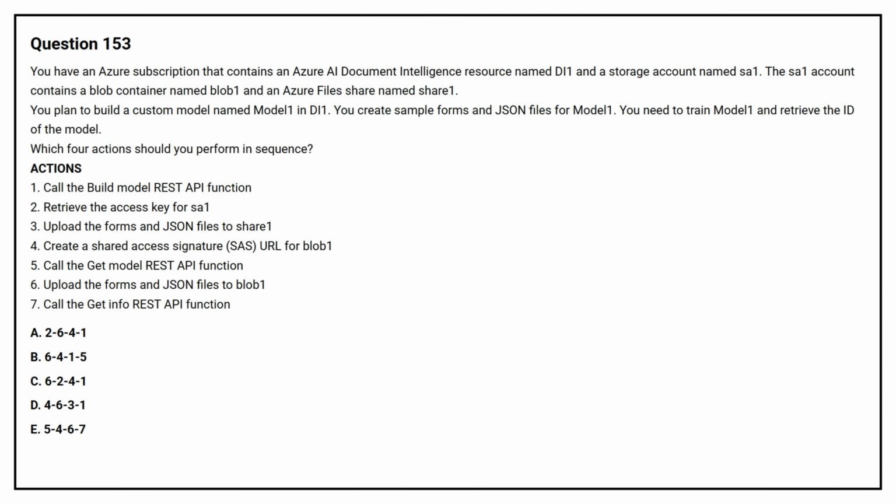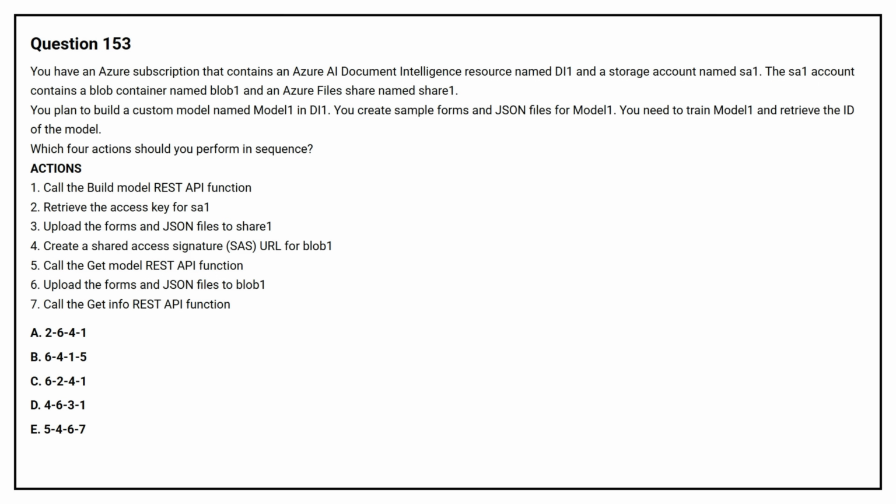Which 4 actions should you perform in sequence? 1. Call the build model REST API function. 2. Retrieve the access key for SA1. 3. Upload the form and JSON files to share1. 4.